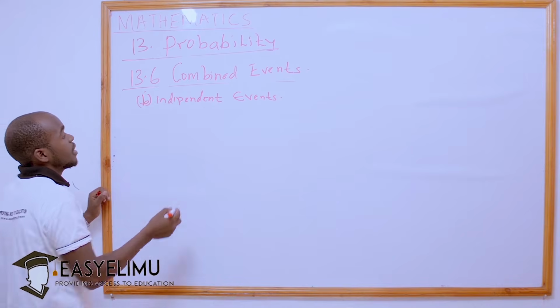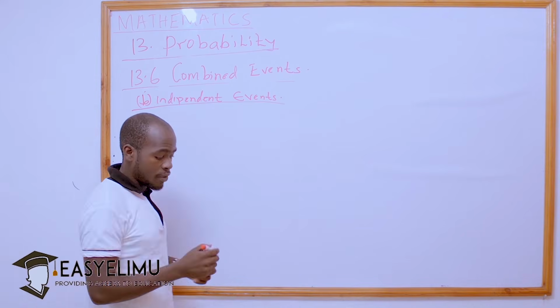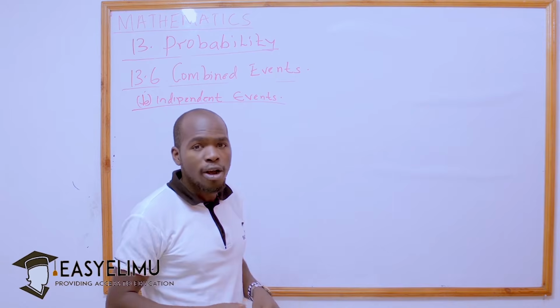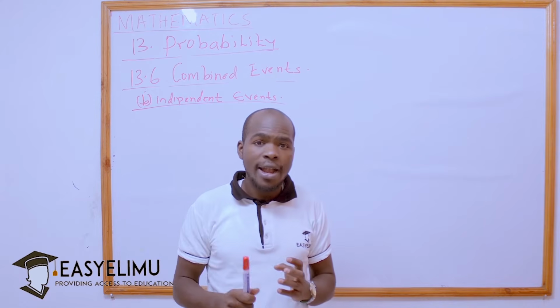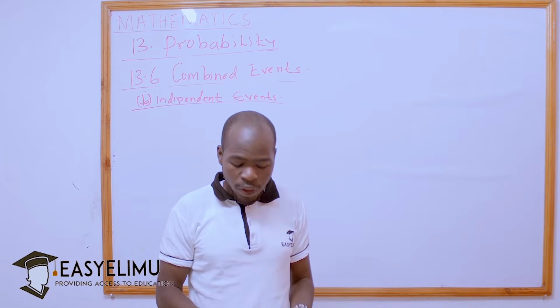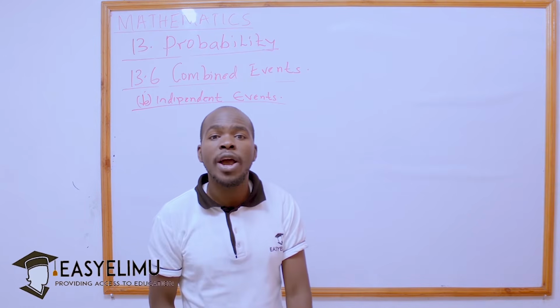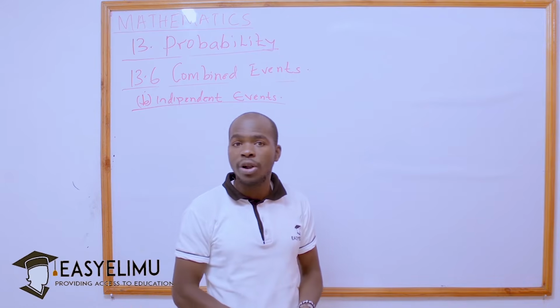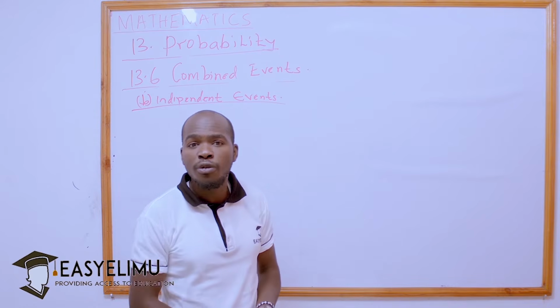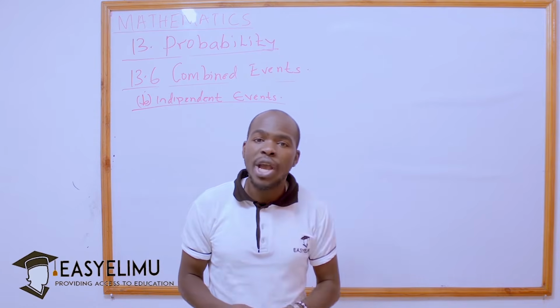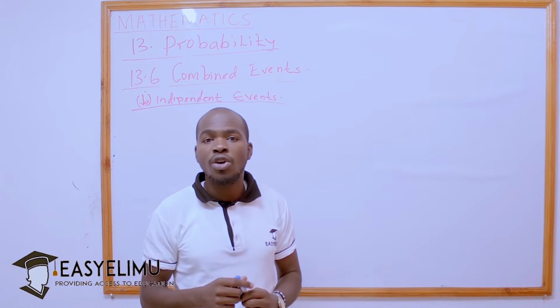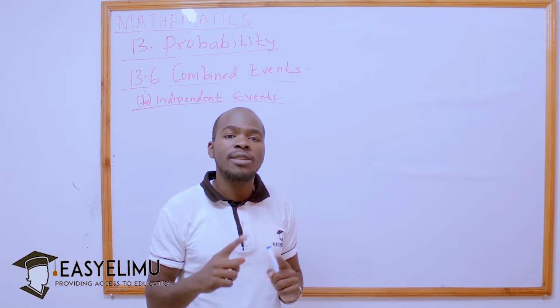So in independent events we may have, for example, a coin and a dice being tossed together. The likelihood of a coin showing up a head or a tail does not influence the dice showing up either face 6 or one of its other faces.